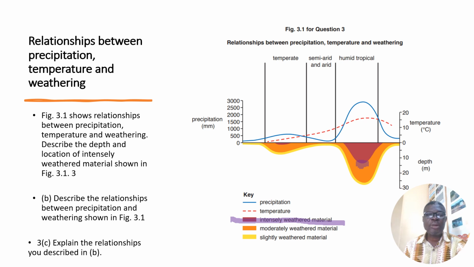Okay. What about B? Describe the relationships between precipitation and weathering zone. Relationship. Describe the relationship between precipitation and weathering shown.